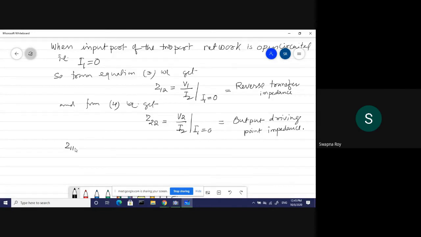So Z11, Z12, Z21, Z22 are called impedance parameters or open circuit parameters of the two-port network.